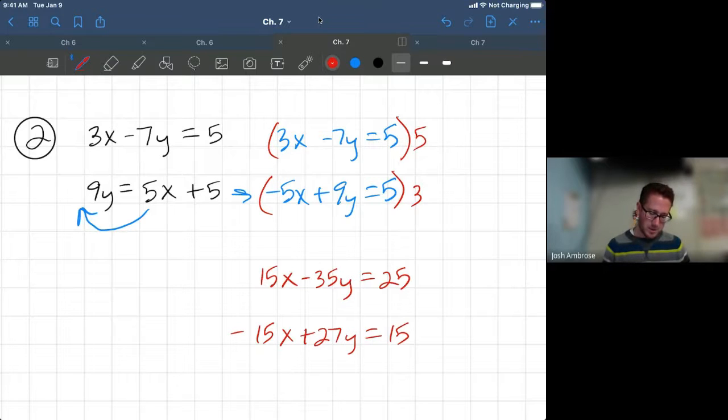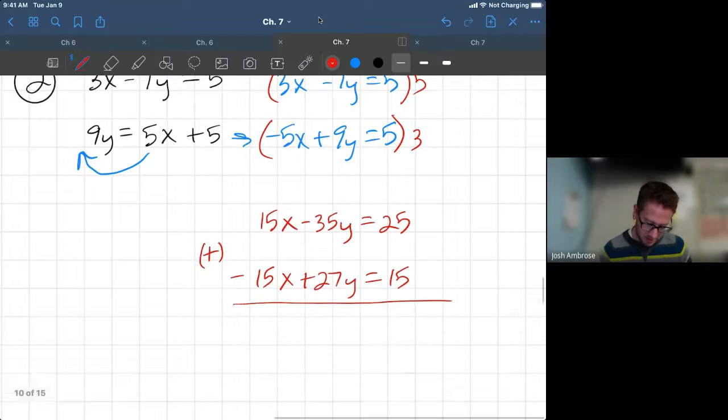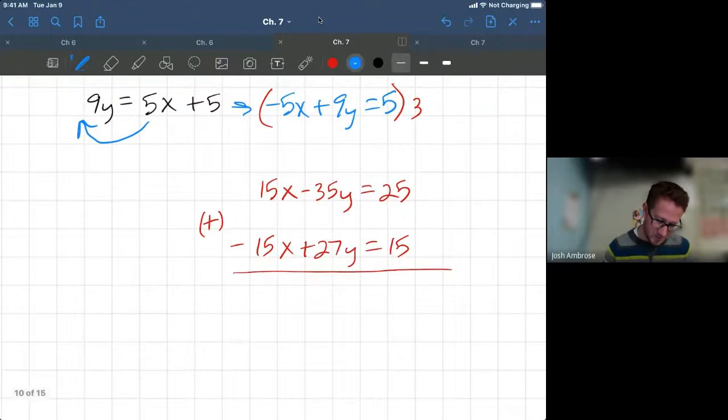All right, now I want you to notice positive 15, negative 15, opposite signs means that we will be using addition. I'm going to put it in parentheses just so that you can see that positive goes to both equations here. All right, and let's start solving it.